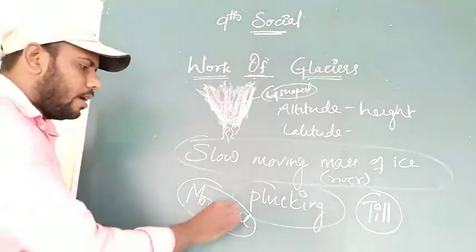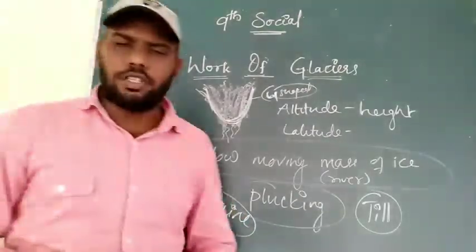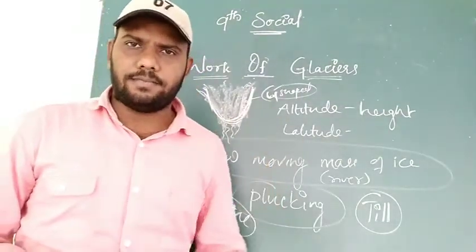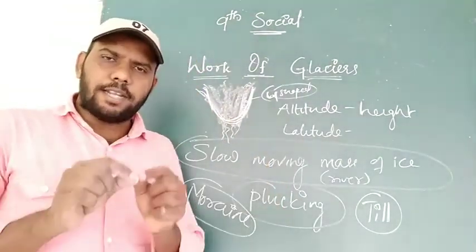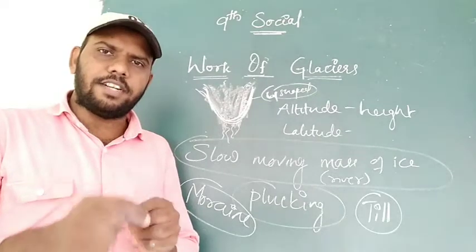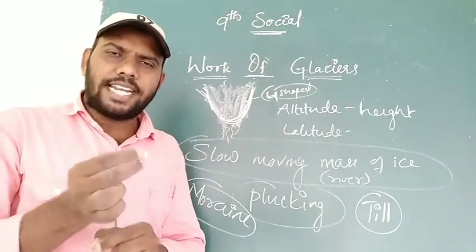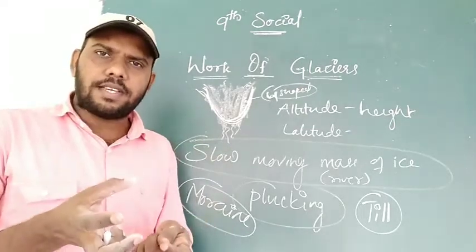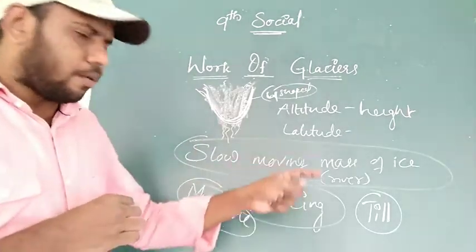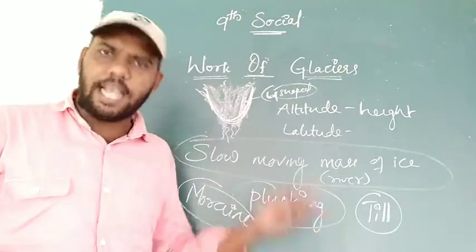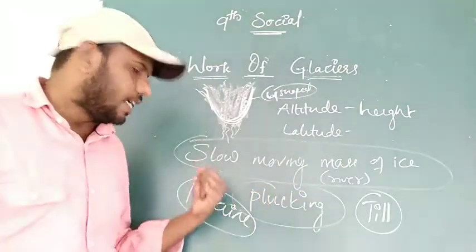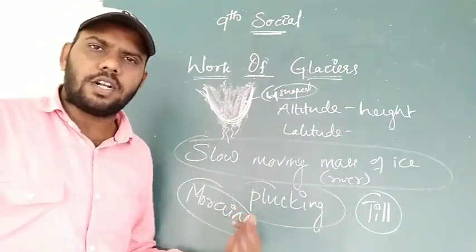Remember, moraine. Moraine is the last deposition by the glacier. The deposition of pebbles, gravels, sediments or rock pieces, all together deposited here and there by the glacier, is called moraine.